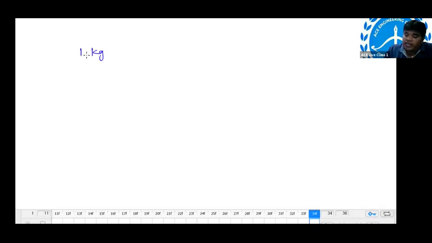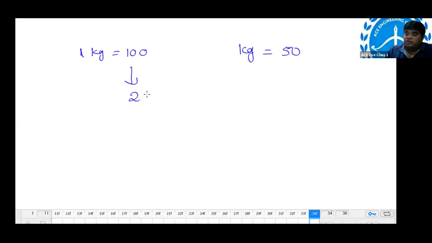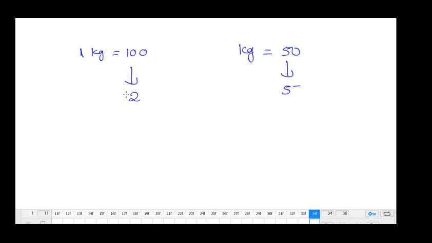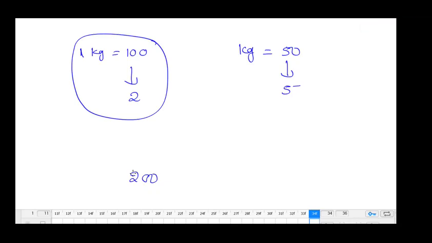1 kg cost is actually 100 rupee. Okay, sir. 1 kg cost 50 rupee. Here you took 2 kg, here you took 5 kg. So 2 kg means the amount here is 200. Here 5 kg means 250 rupee.